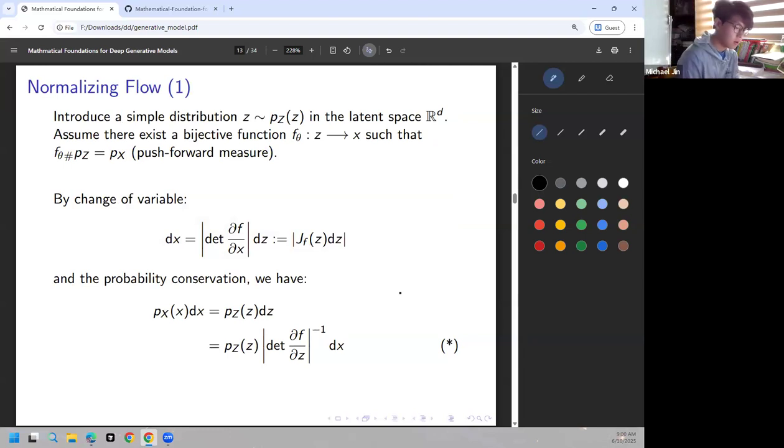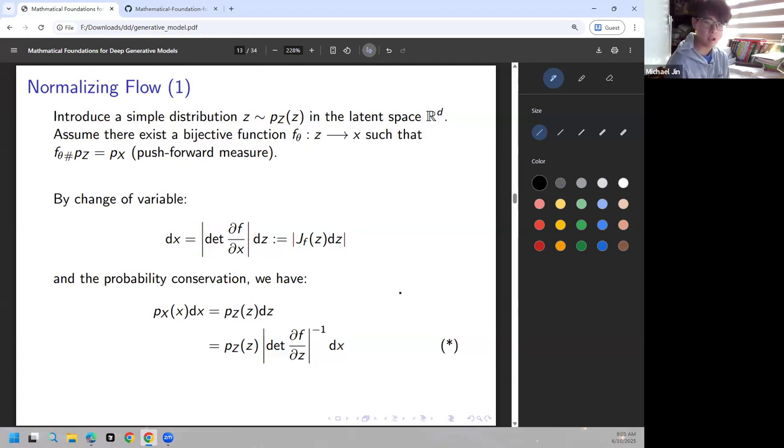So now we can also introduce a simple distribution. This is also called the Prior distribution Z, that is P_Z of z, right? For example, it could be a normal distribution in high dimension, in the latent space R^D. And the reason the dimension is D, equal to the model dimension, is because we hope this f is a bijection, right?